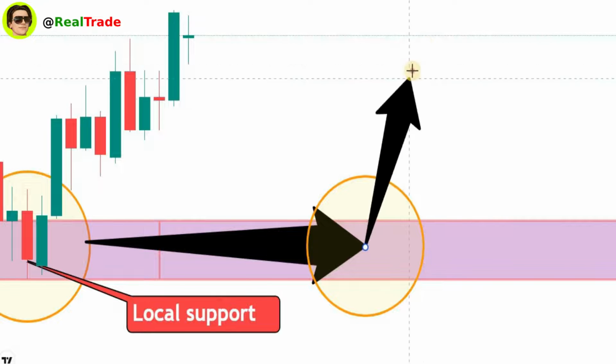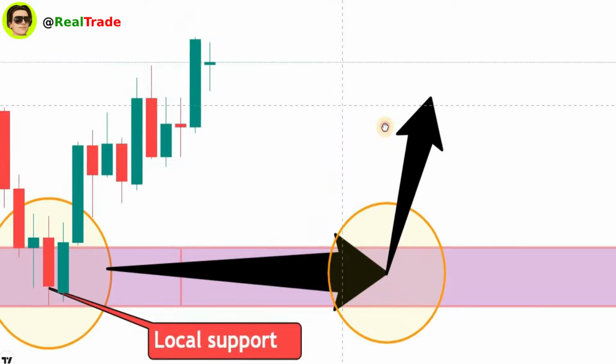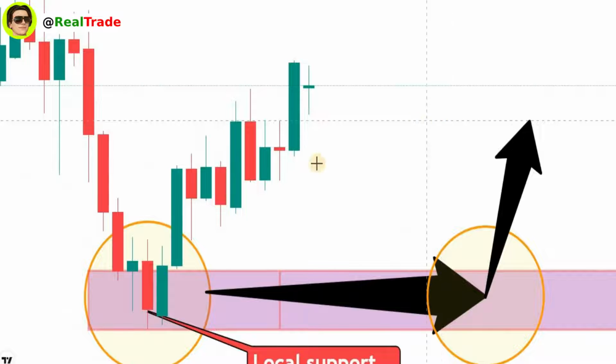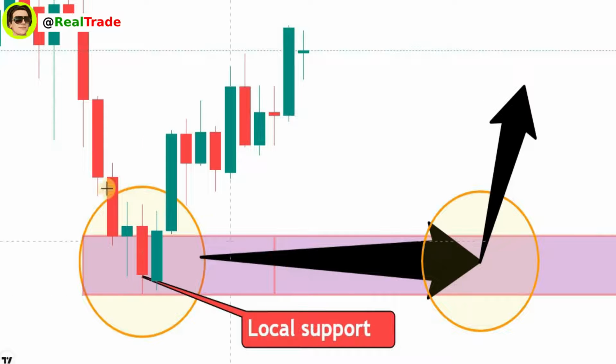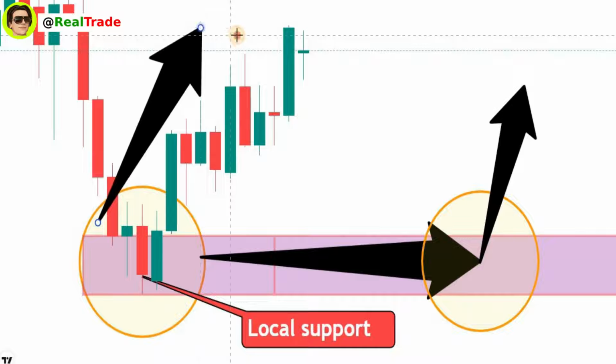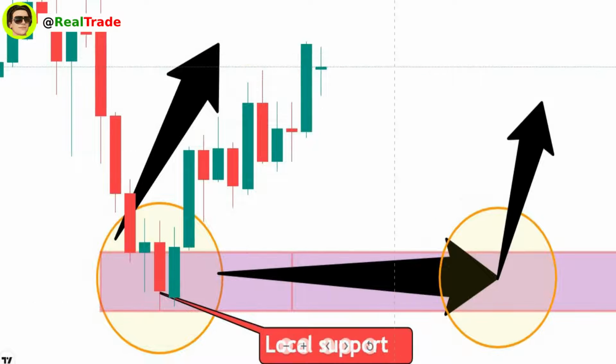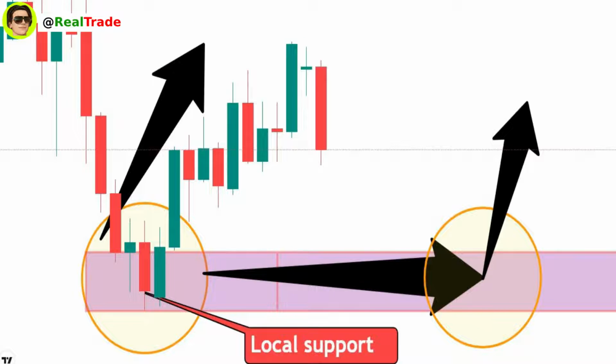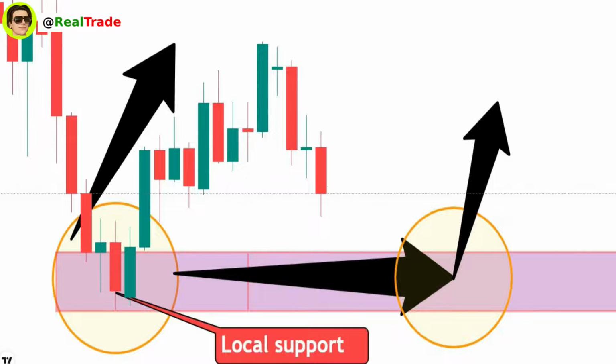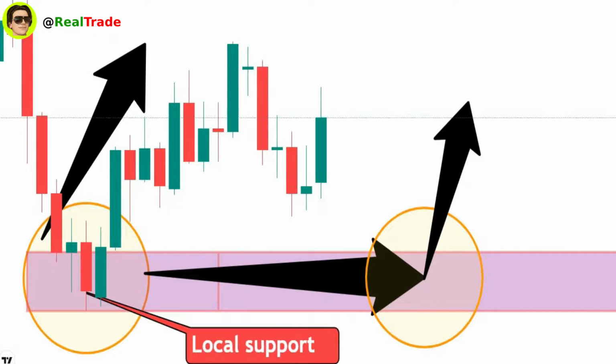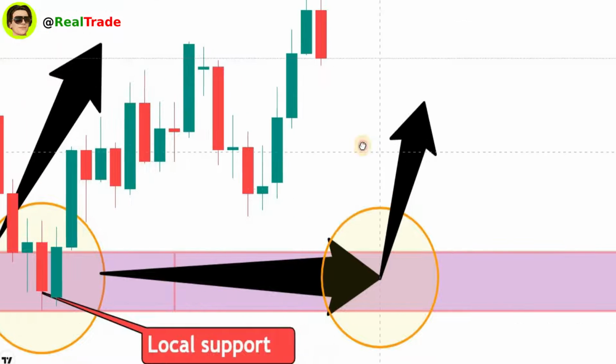This area, look at the chart. Fast buy. Look at the candle.